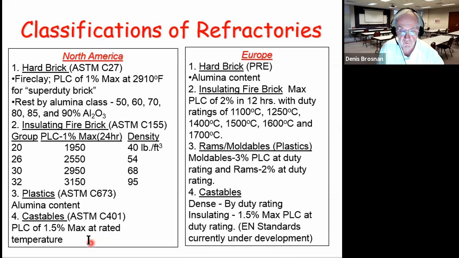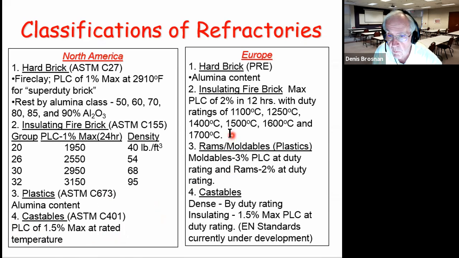And so each of these types of refractories is given a duty rating, which is based on PLC. Now, PLC means permanent linear change. So that means the refractory is heated up to a use temperature, and its linear change percentage-wise can only be a maximum, in the case of castables, 1.5% at the rated service temperature.